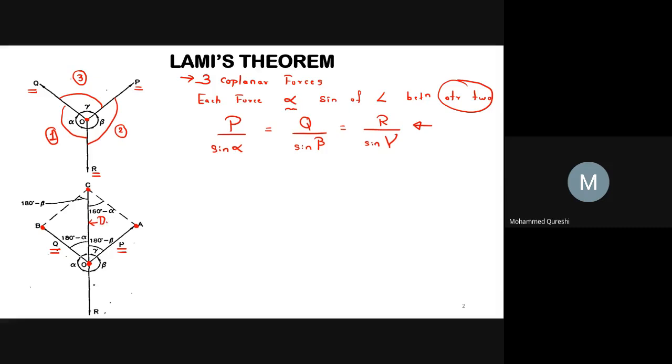So this will be your diagonal. Now, in triangle OAC, meaning this triangle, the first triangle. In triangle OAC, according to the sine rule, first of all, we will write over here.